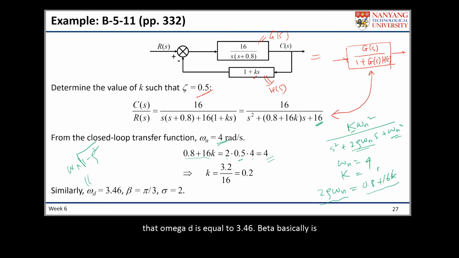Beta basically is the angle of your damping ratio. We know that the damping ratio is equal to cosine of beta, so you can find beta, as well as sigma. You know that sigma is the real part of the poles, which is equal to zeta omega n, so you can find the rest.